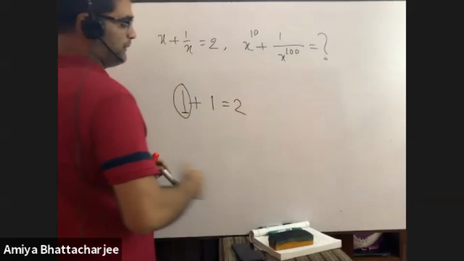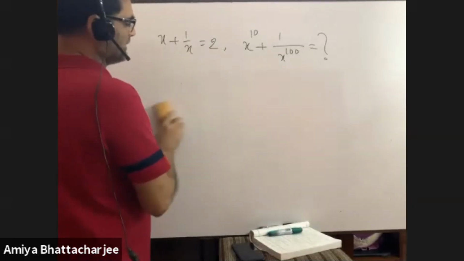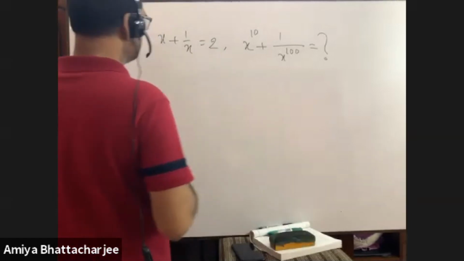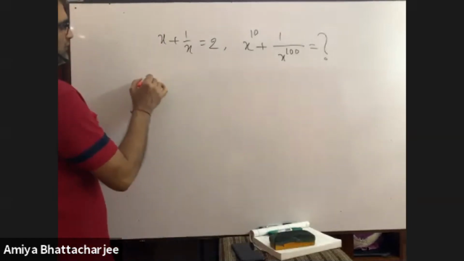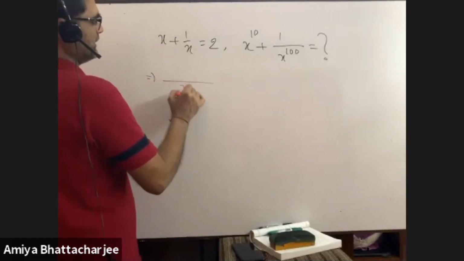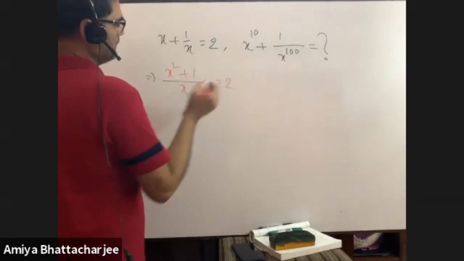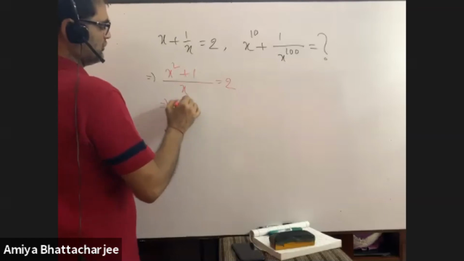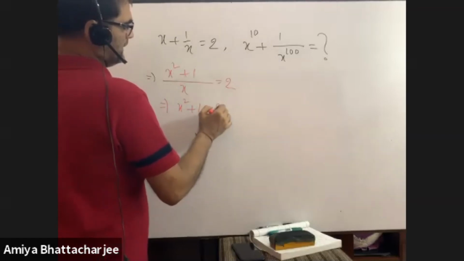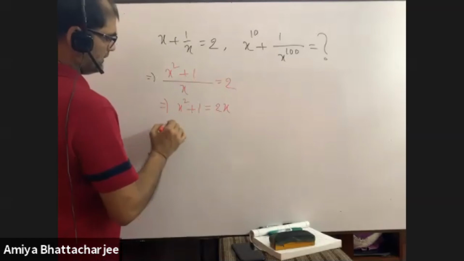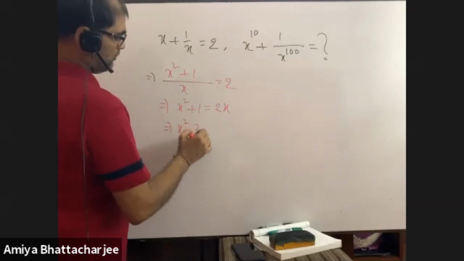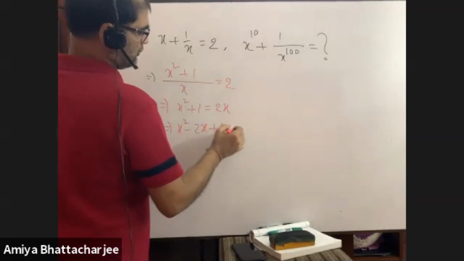This is number one way. The second way is what I showed you when you were in class 8. Can you remember? You have to take the LCM here. It is x square plus 1 equals 2x. That is x square minus 2x plus 1 equals 0.